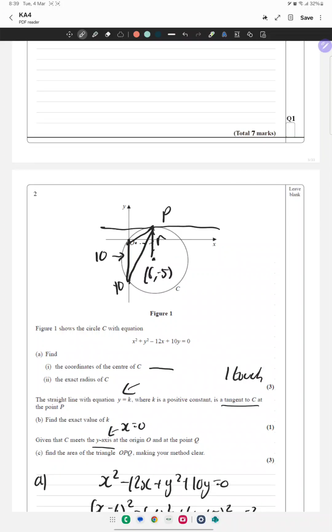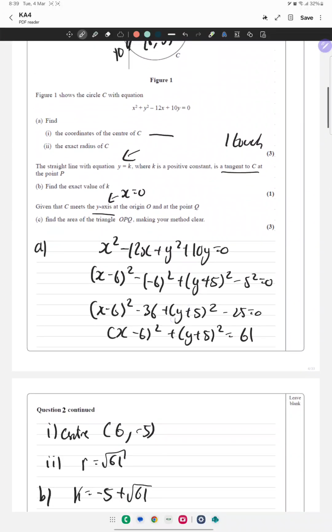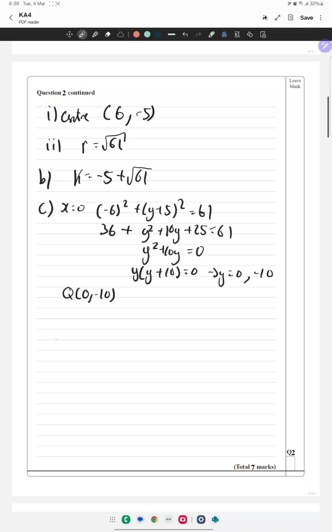So in this case, the side. So all it is, is the x coordinate of P. So this height is going to be at where P is, which is 6 away. So it's going to be a half times 10 times 6, or 30. And we are done with this.